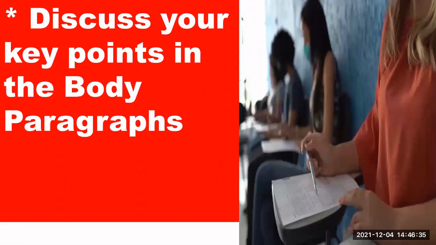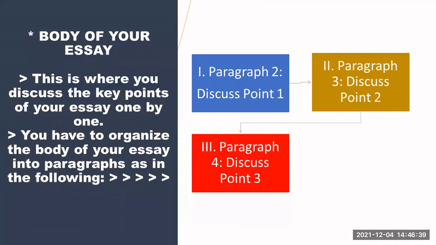Okay, so then discuss your key points in the body paragraphs. That's the next step. Your body paragraphs is where you discuss the key points of your essay one by one. And you have to organize this beginning with paragraph 2. In paragraph 2, you discuss point 1.